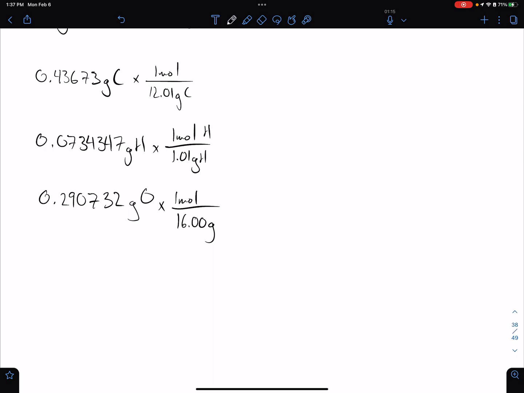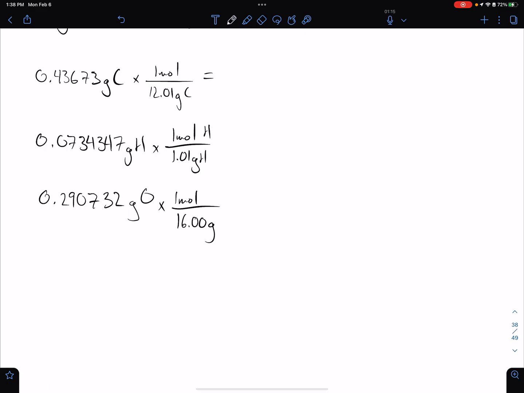And then, let's see if I can use all the exact numbers from my calculator. If you have the same calculator as me, storing these numbers is useful. So I'm going to store that one as X, so carbon, and then store this number as Y, and then store this number as Z on my calculator.